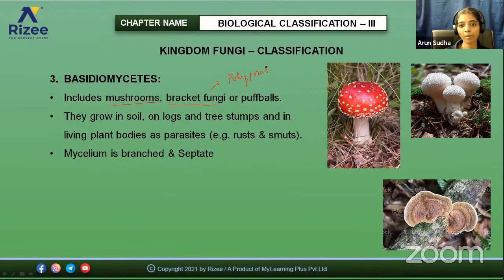And also puffballs. They grow in soil, on logs, tree stems, and in living plant bodies as parasites, that is as rusts and smuts. For example, Puccinia, we saw it's called rust fungi, and smuts is caused by the organism called Ustilago.